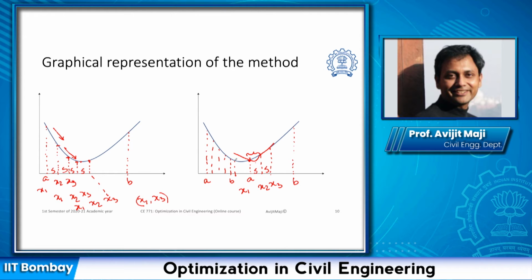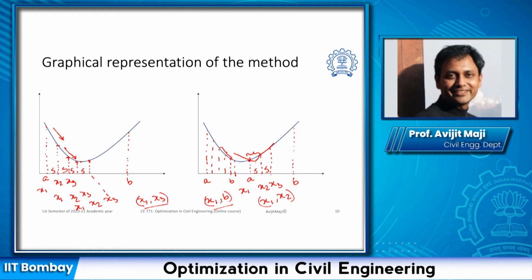So we cannot use this point as the bracket point, rather we have to say the bracket is going to be from here to the previous point here. So in that case we are saying the bracket is between x1 and B. So these are the three different conditions. In the first case it is between x1 and x3. In the second case it was between x1 and x2, and in the third case it is between x1 and B.